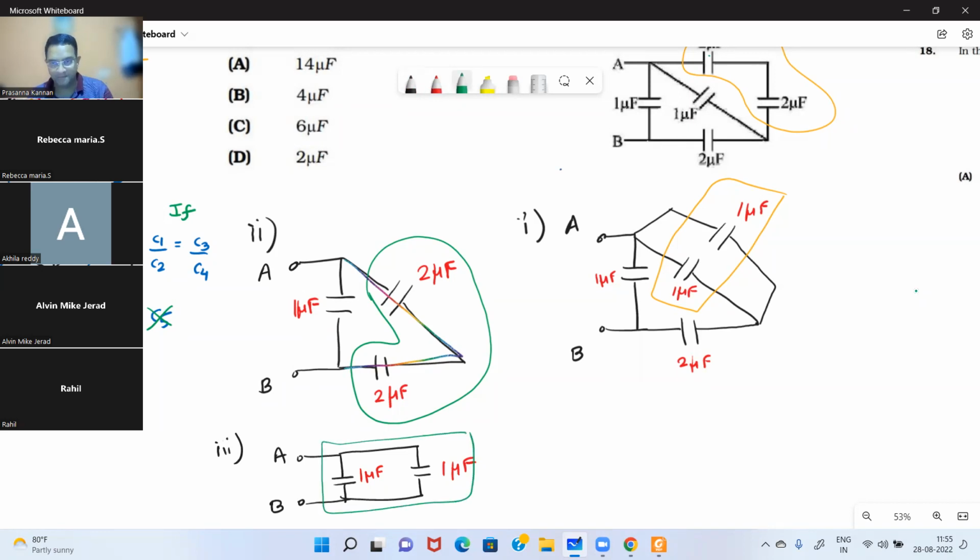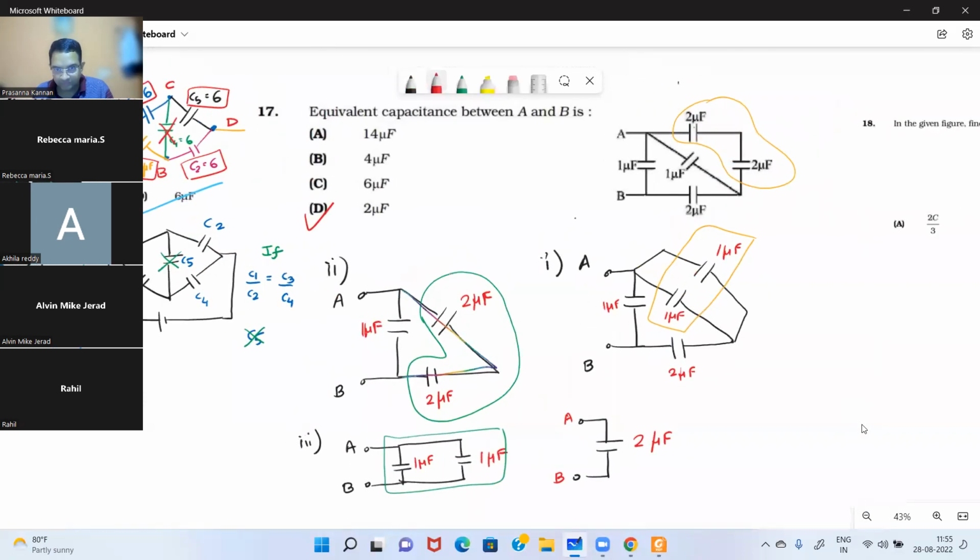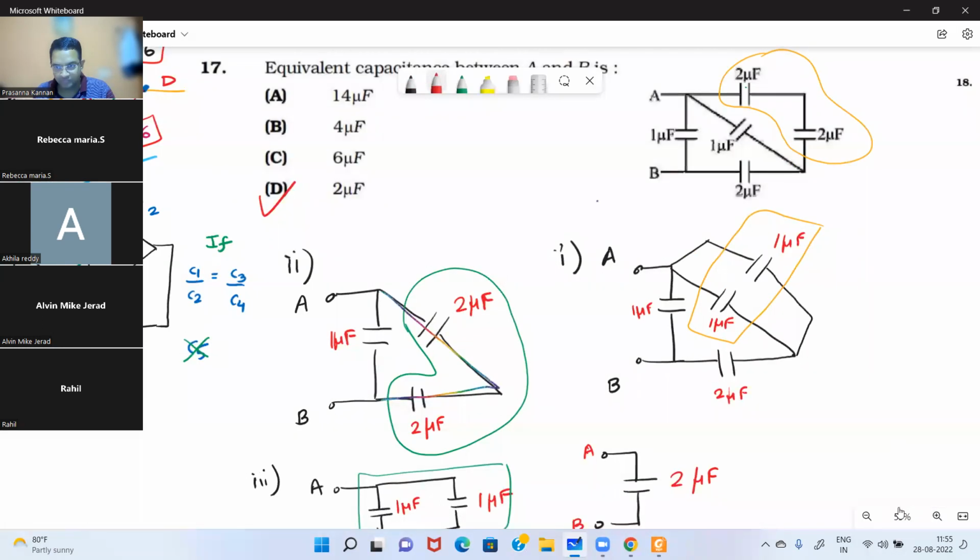They are in parallel, so you will get 2 microfarad. So the answer is 2 microfarad. Is it clear? Yes, sir.